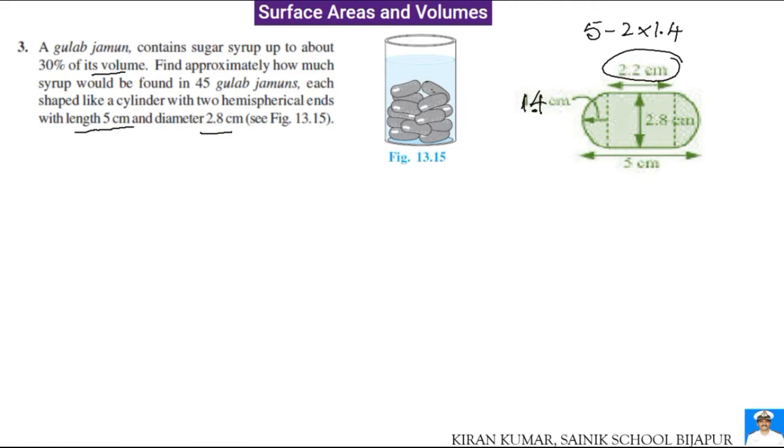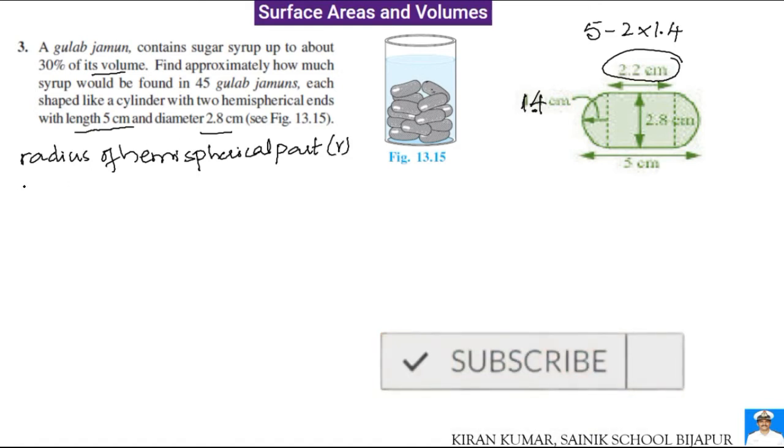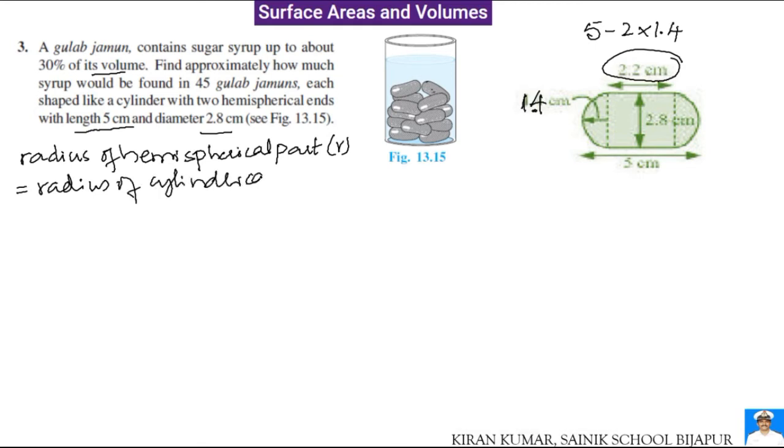So let me mention certain things here. The radius of hemisphere will be equal to radius of cylindrical part. This will be half of 2.8. This will become 1.4 centimeter.